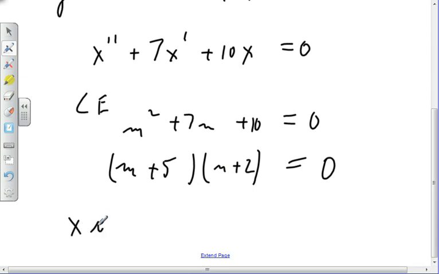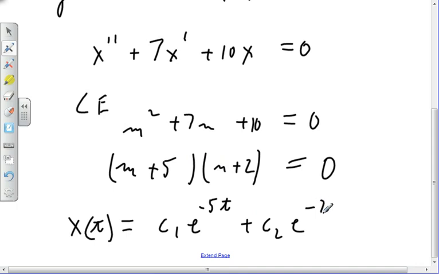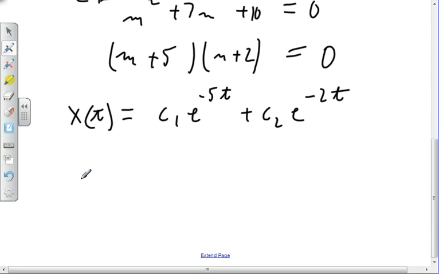X of t is equal to c1 e to the minus 5t plus c2 e to the minus 2t. And x at 0 is 2, which is going to be c1 plus c2.